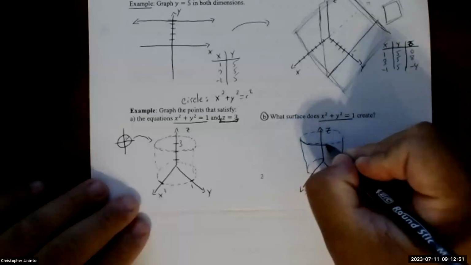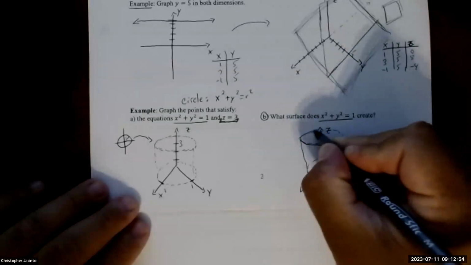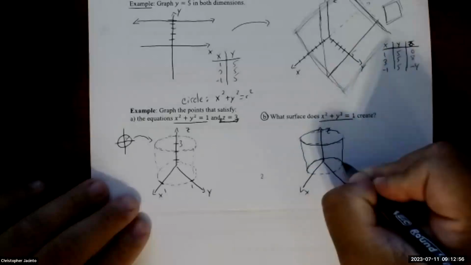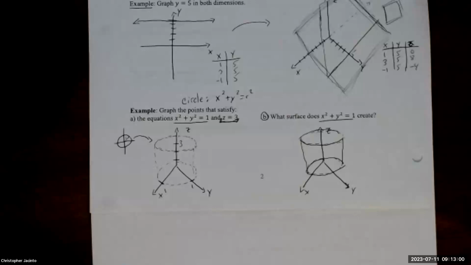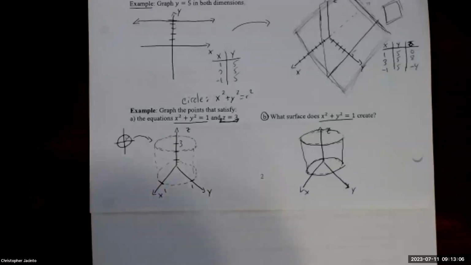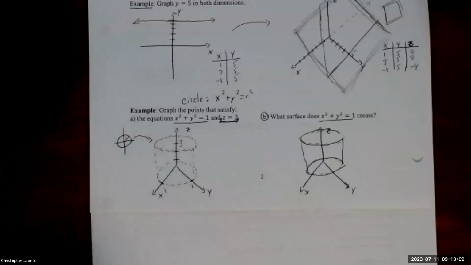So I literally just get a cylinder. So that is how cylinders are created in the XYZ plane. Like I said, just quick little examples to show you guys how things are created and drawn using stuff we know on the XY coordinate plane to the surfaces in the three-dimensional plane.